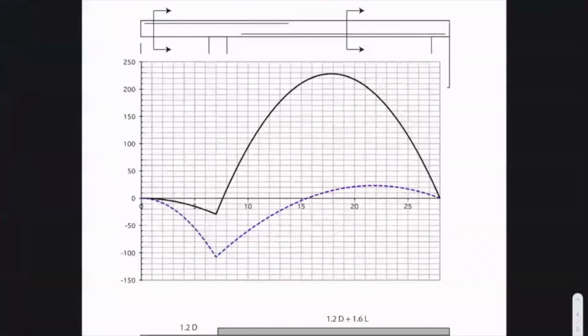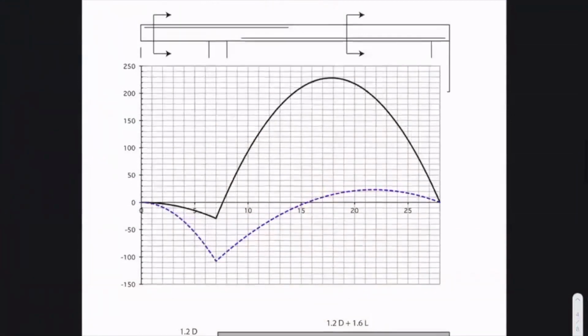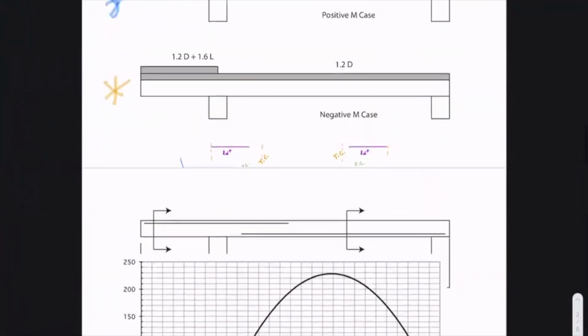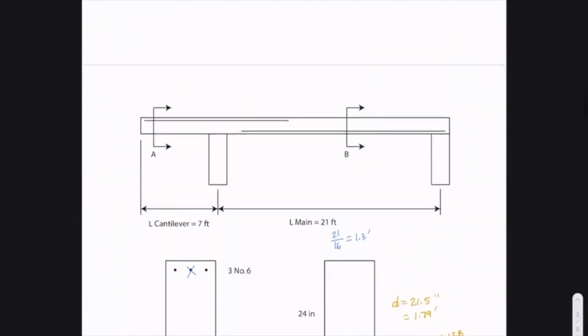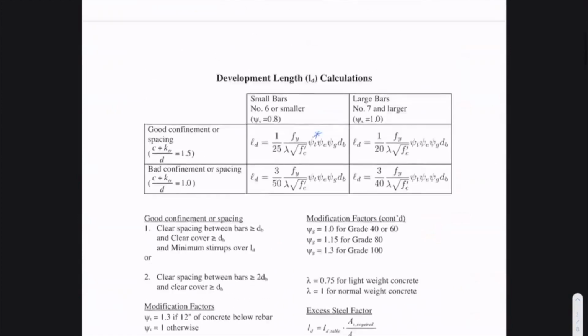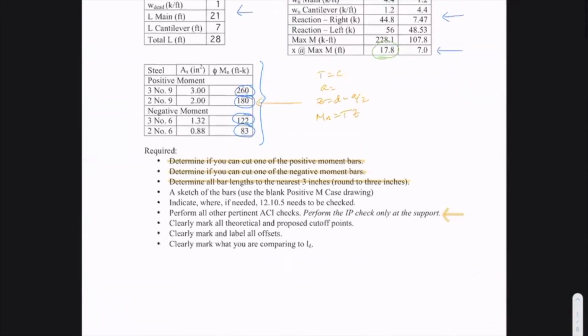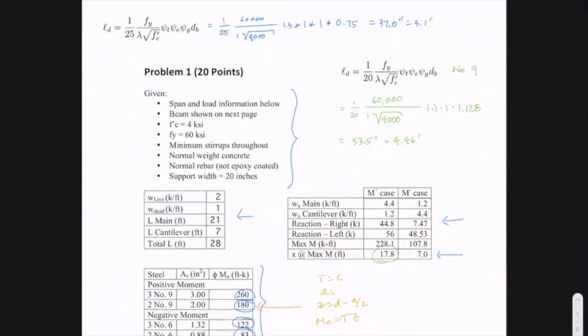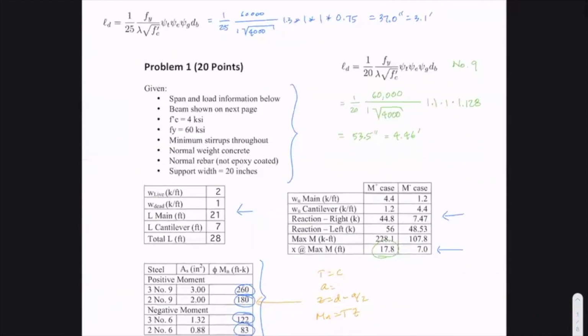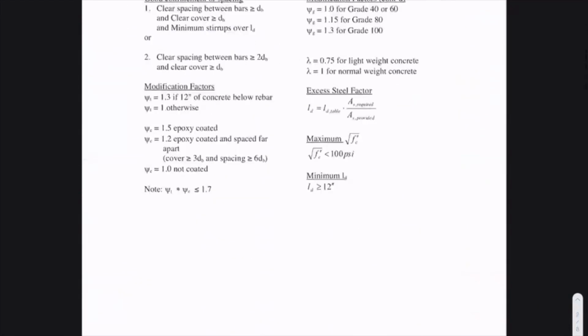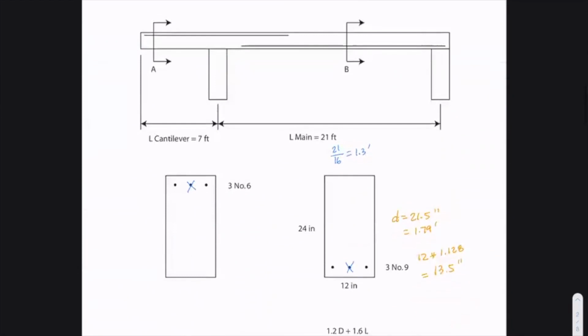I thought I would try to reproduce the start of our Zoom session this morning when I forgot to turn on the recorder. What I started out with was saying that in homework 7, what we're trying to do is to determine if we can cut off one of the extra bars that are in both the positive and negative moment.